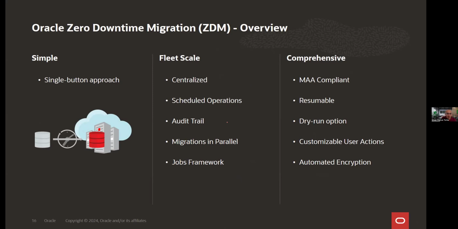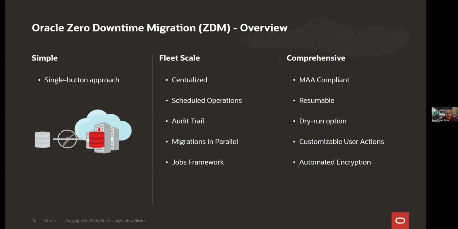And the power of ZDM comes into play, especially if you are migrating multiple databases, like a bunch of databases, where the jobs framework comes into play, and you can initiate one migration that will create a job that's running in the background, and immediately after that, you can just add another configuration file, just change the source and target database information and connection strings, and then you initiate another and another and another migration job, and all these jobs can be run at the same time in parallel, so migrating multiple databases at the same time.